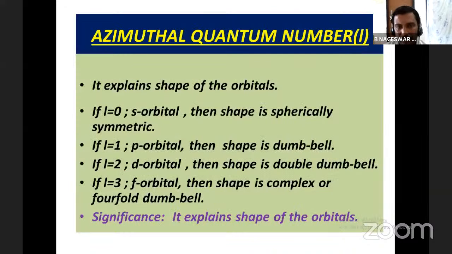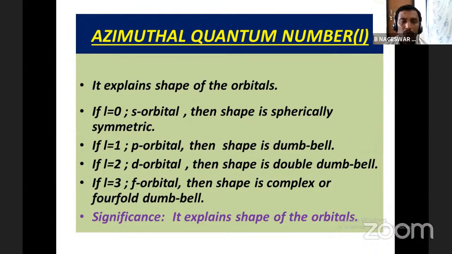Okay, next, some more points regarding the azimuthal quantum number. The azimuthal quantum number explains the shapes of the orbitals. If L is equal to 0, then it is an s orbital. Very, very important, children. If L is equal to 1, it indicates a p orbital.